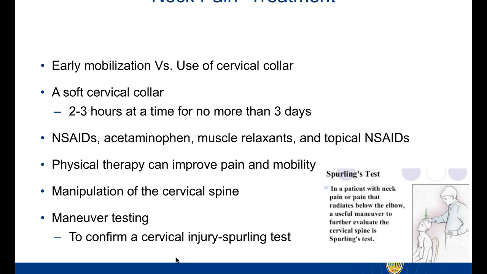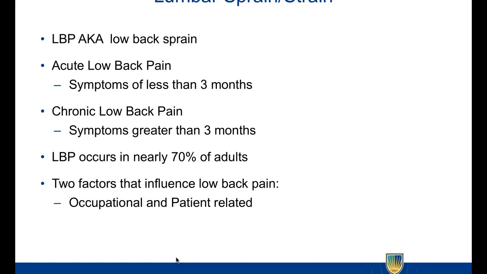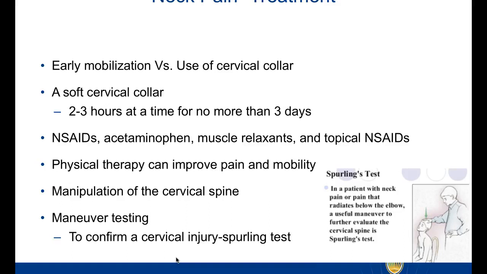However, a maneuver test to confirm a cervical injury is the Spurling test. In a patient with neck pain or pain that radiates below the elbow, a useful maneuver to further evaluate the cervical spine is the Spurling test.